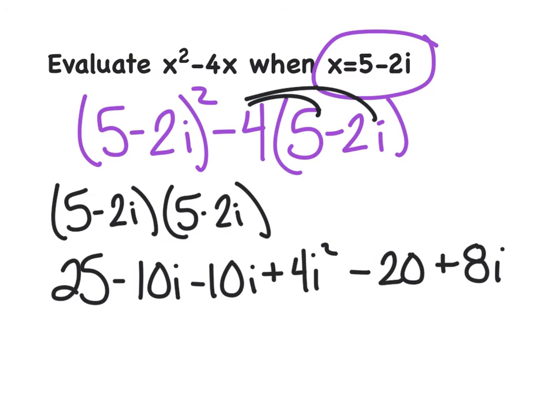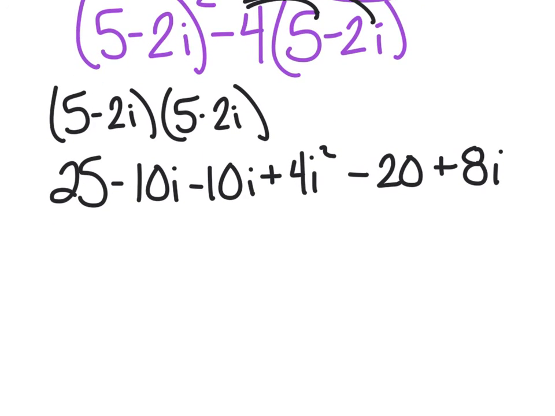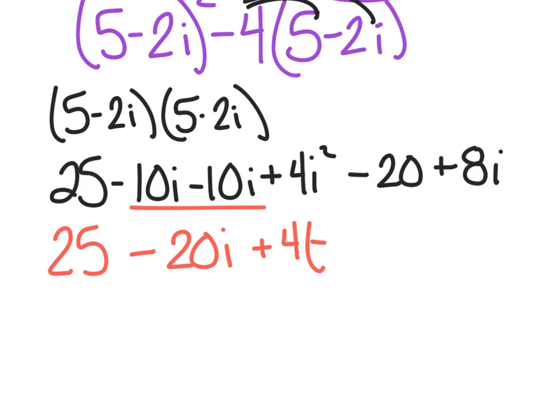I'm just going to clean it up and see what I get here. This is going to stay 25. Those are going to make negative 20i. This is really 4 times negative 1, minus 20 plus 8i. Like terms, I can do, let's see, would you agree 4 times negative 1 is really negative 4?